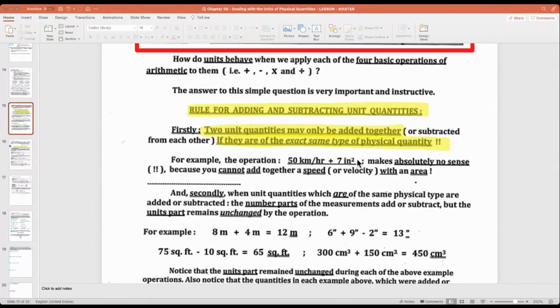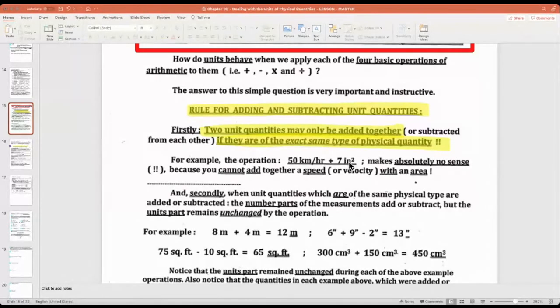However, something like this, which is highlighted here, we have a speed or velocity, 50 kilometers per hour, added to an area, which makes no sense. It would be like adding temperature with money. Would you ever add 20 degrees Celsius plus $7?